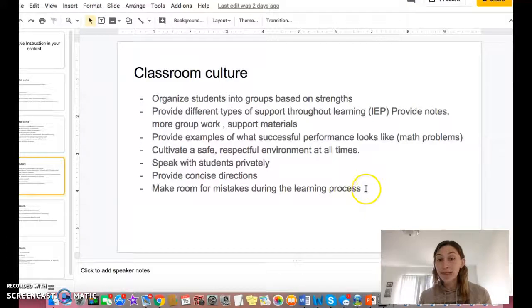And make room for mistakes during the learning process. I found this particularly important because as a new teacher, I do make mistakes in math and I admit to them, and I want to show students that it's okay to make mistakes in math. You can learn from them and it's not going to be the end of the world. So having students understand that is acceptable, especially in the math world.